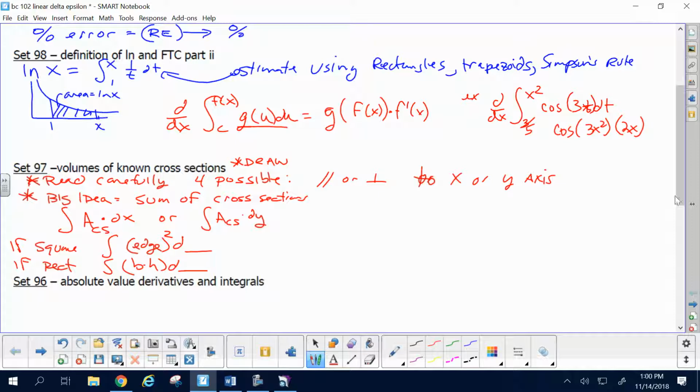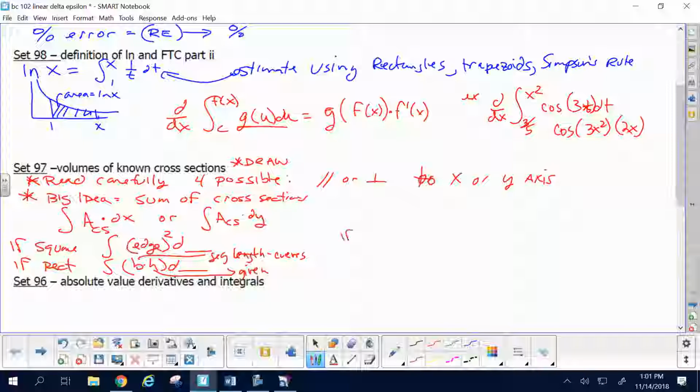The base will always be the segment length, which is determined by the curves. The height, they would have to give you something about the height. Either the heights are always 2, in which case you could do that geometry, or the heights are always twice the base, in which case you would say the area is base times twice base, or 2b squared, right? So those are all variables.